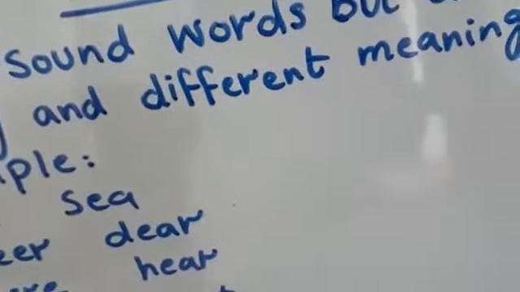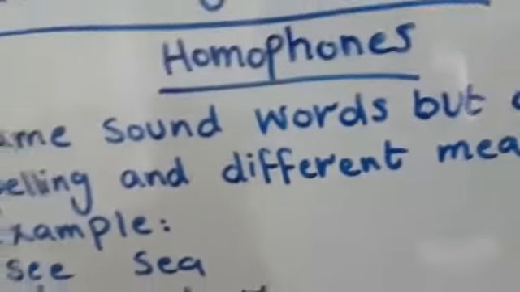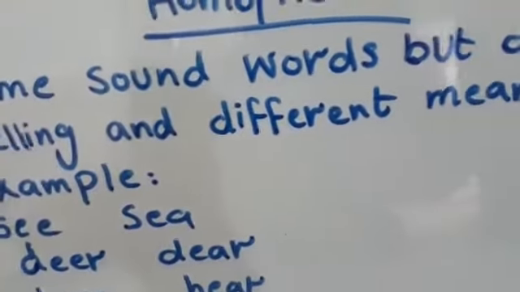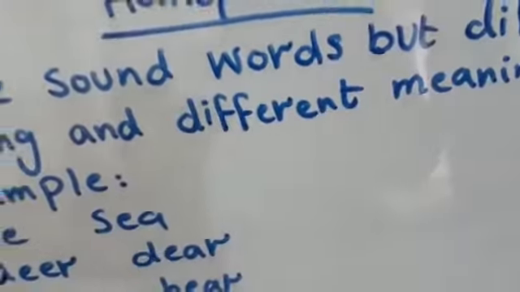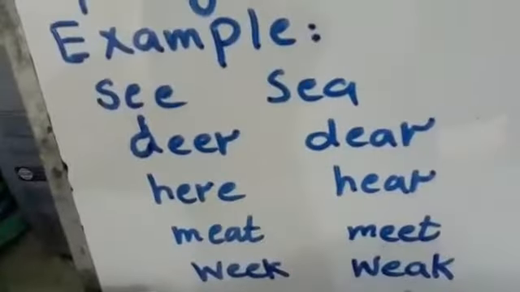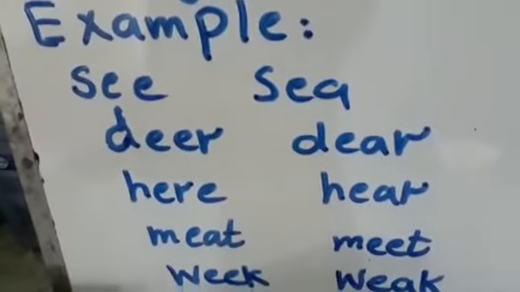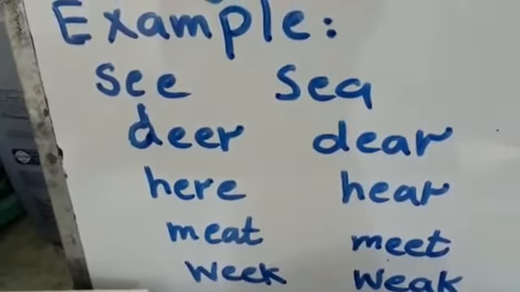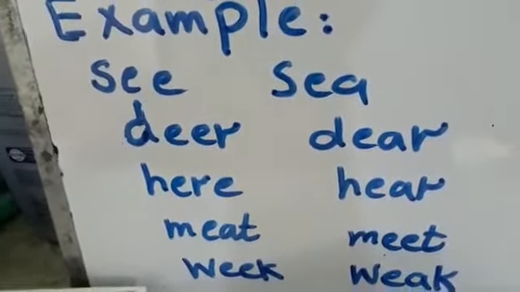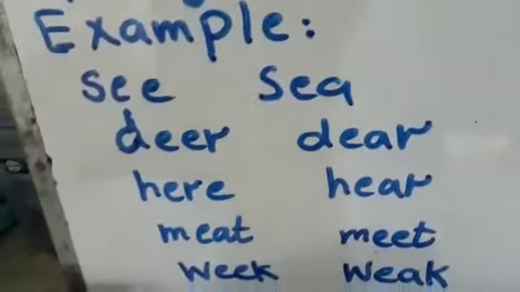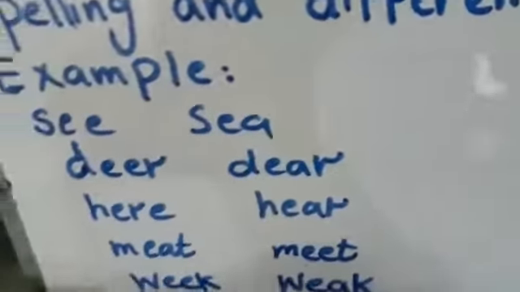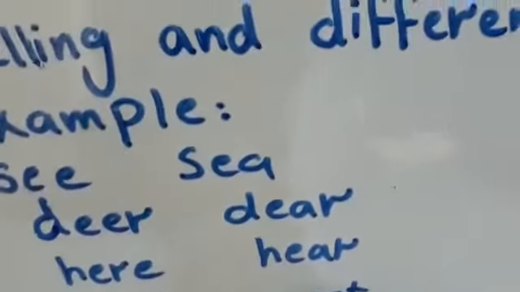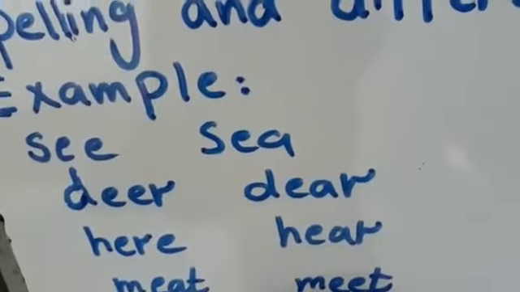It means the sound of the word is the same, but the spellings are different and their meanings are also different. For example, see and sea. Look, the words have the same sound, the spellings are different, the meanings are different. See means to look, to have a look at something, or sea, the river and the sea.